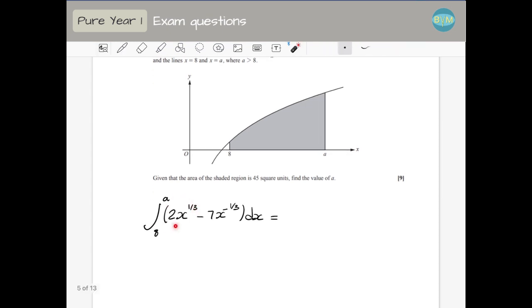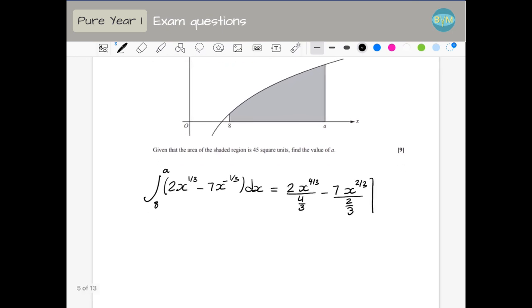Now, when I integrate, I have 2x to the power of 1 more, so 1/3 plus 1 is 4/3, and I divide by the new exponent, 4/3. Minus 7x to the power of 1 more, so minus 1/3 plus 1 is 2/3, and I divide by 2/3.